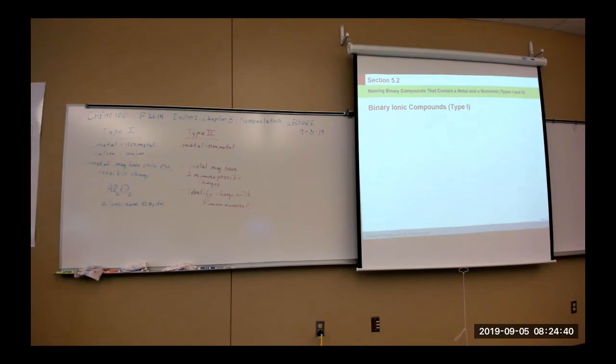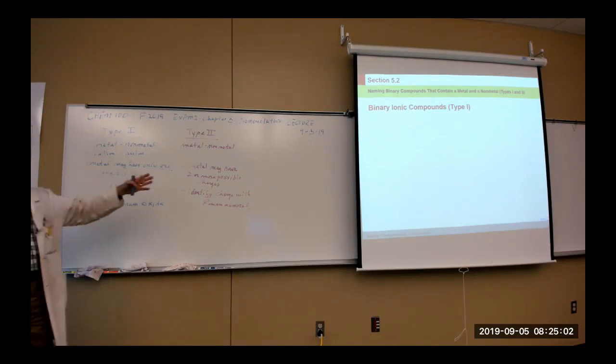And then some of these too. But the transition metals could have more than one possible charge. There are exceptions, and I'll get to those. But for the most part, these guys in here and here, they could have more than one possible charge. So they fit into the type 2 scenario.